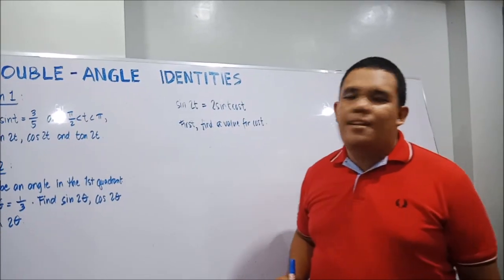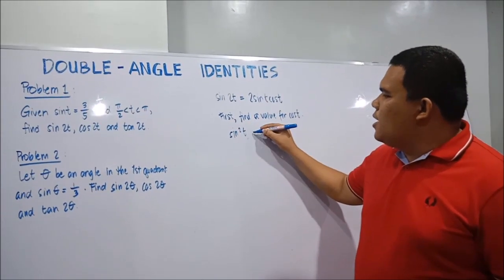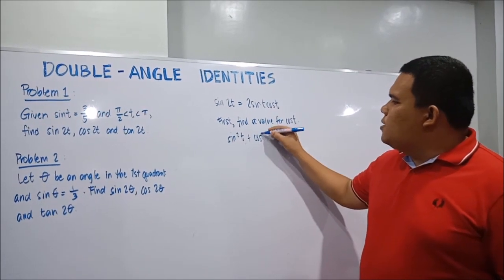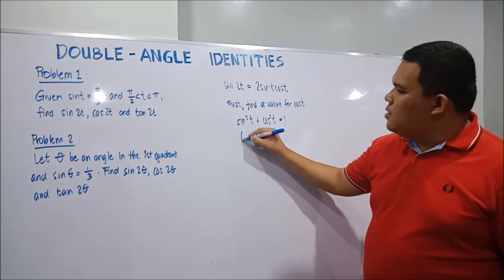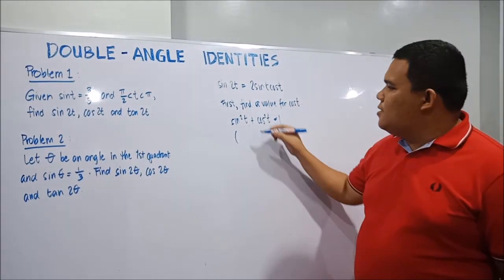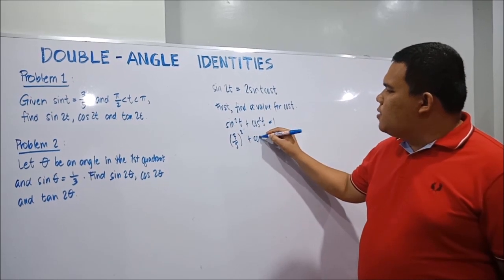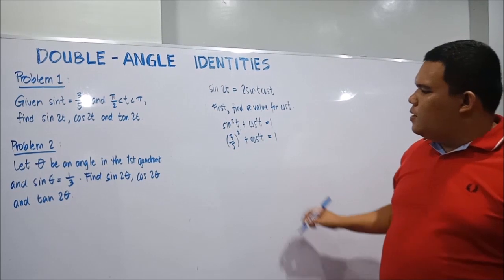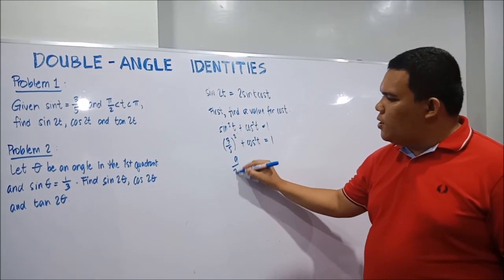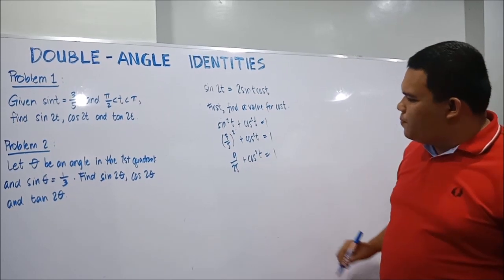From our fundamental identity, sine squared t plus cosine squared t is equal to 1. Our sine t is 3 over 5, squared, plus cosine squared t equals 1. So this is 9 over 25 plus cosine squared t equals 1.